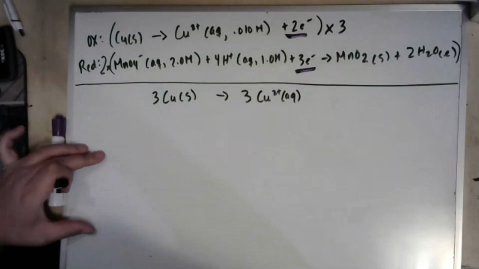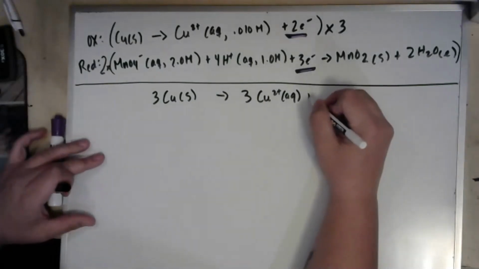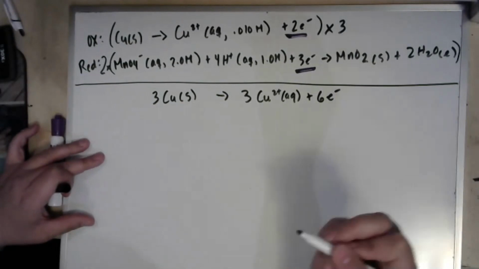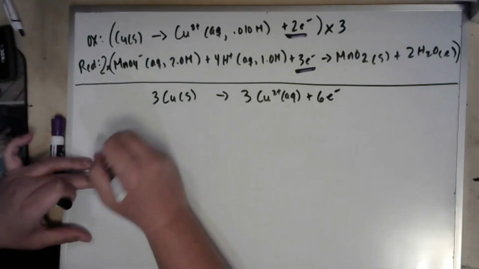I'll leave out the concentrations for now because we'll get back into those when we're calculating Q. Now I'll write the reduction underneath it.